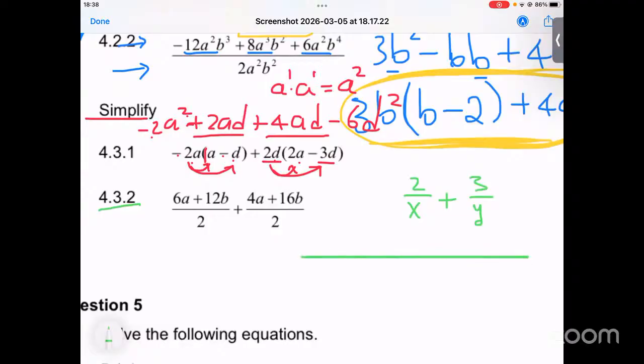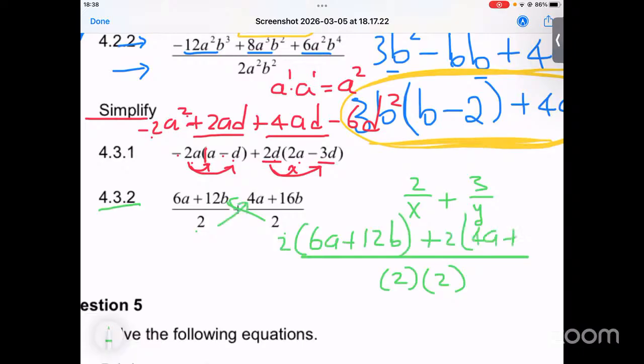Let's see. I'm just wondering if you say that times that, which gives you that 2 times 2, and then from there you cross multiply. Then you end up having 2 into 6a, that you plus by 12b, plus, then you cross multiply. So that means you end up having 2 4a plus 16b.